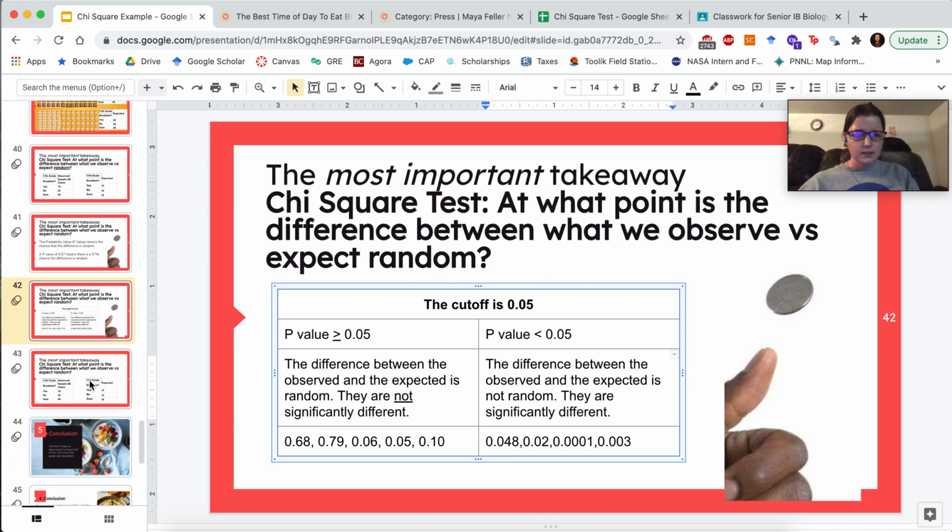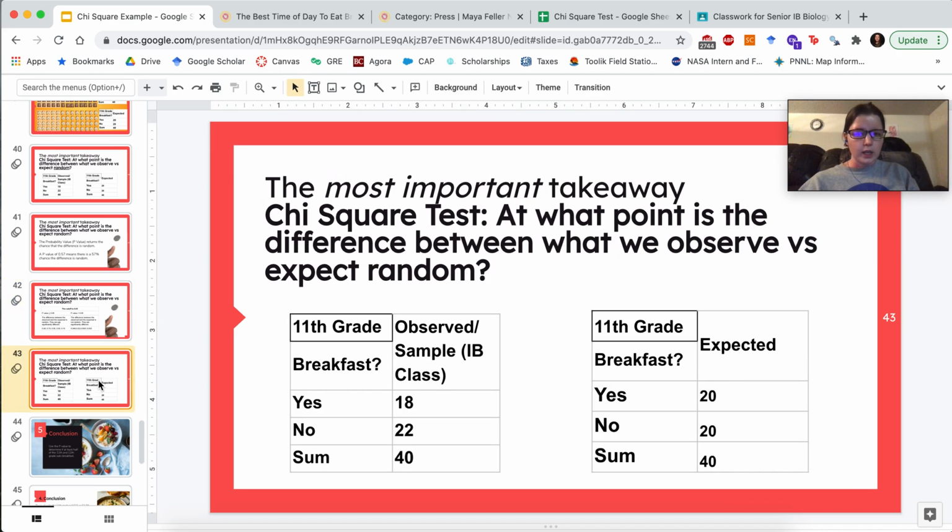Okay, that was a lot, but that's the key takeaway. The chi-square test determines at what point the difference between what we observe and what we expect is random. So then, let's apply this and get our p-value. We decided that the expected is going to be at least half.